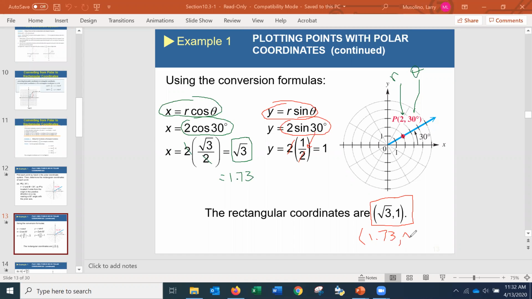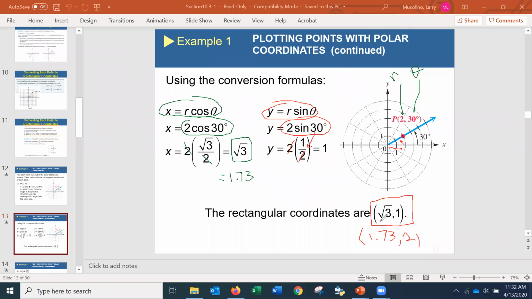And if I look at the graph, that does make sense. If you notice, the x distance looks like it is about 1.7, and the y distance is 1. So my answer makes sense when I compare the location of that red dot to an xy coordinate graph, for example.